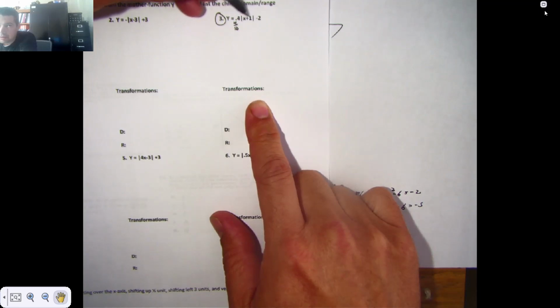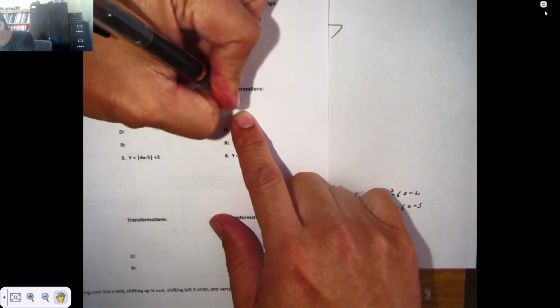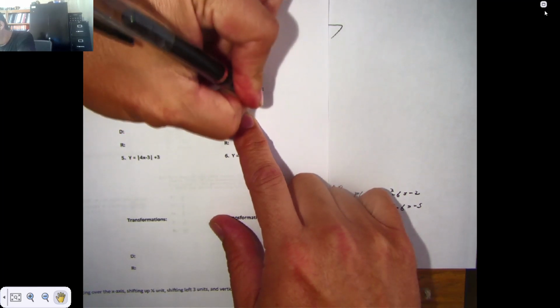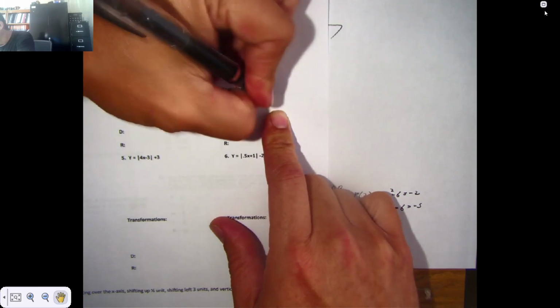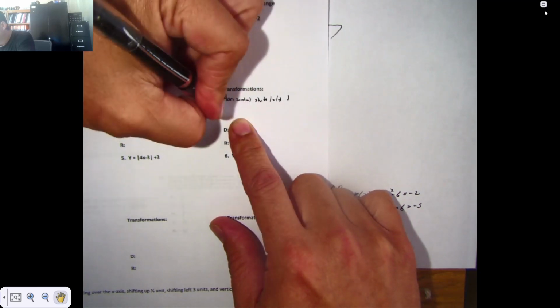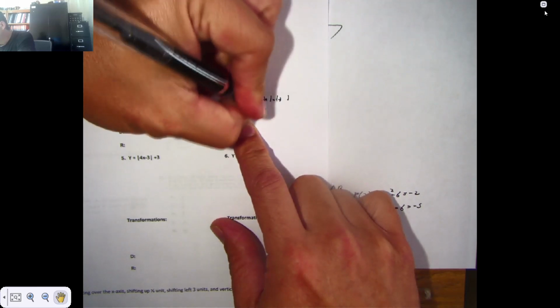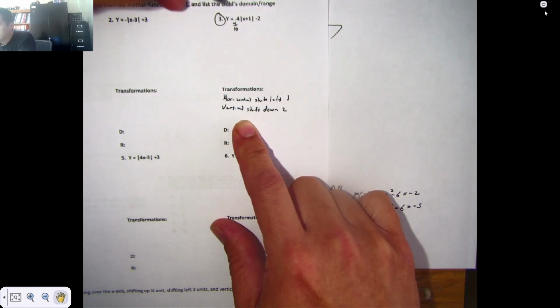I know you want it to be right because you see plus 1, but there is a horizontal shift left 1. And that minus 2 is a vertical shift down 2.